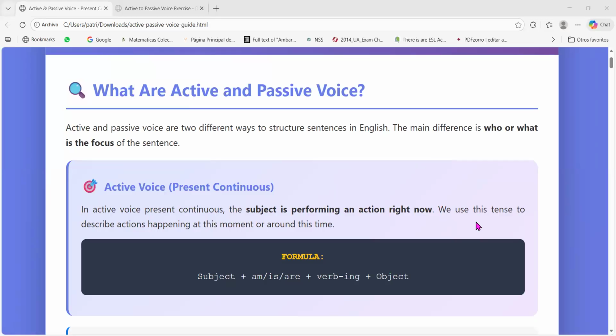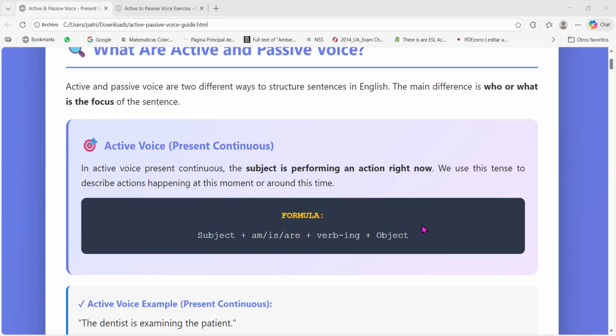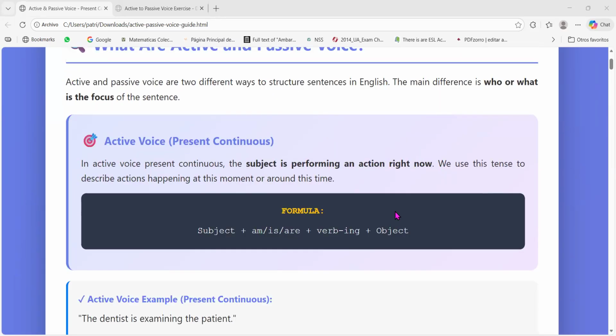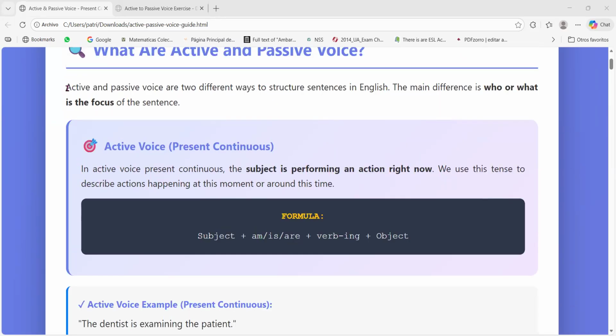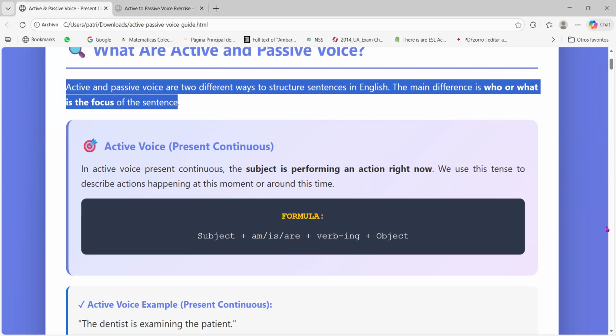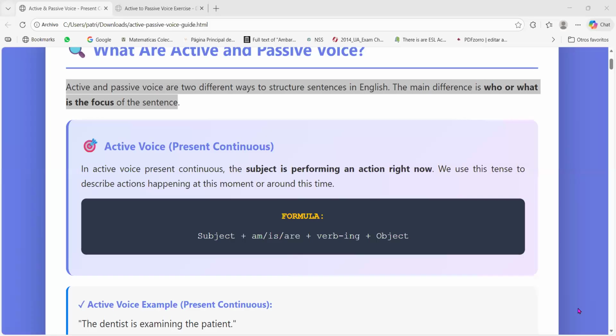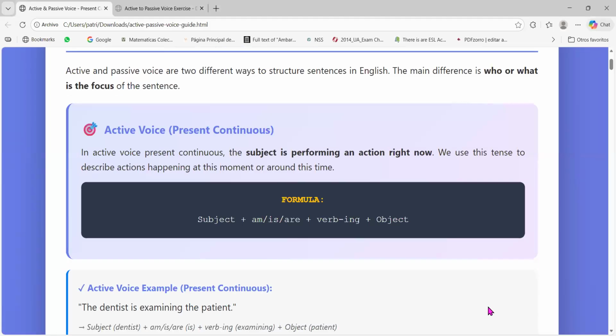My dear Berenice Yokabeth, can you hear me? Yes, I can. Could you read this definition? Active and passive voices are two different ways to structure sentences in English.